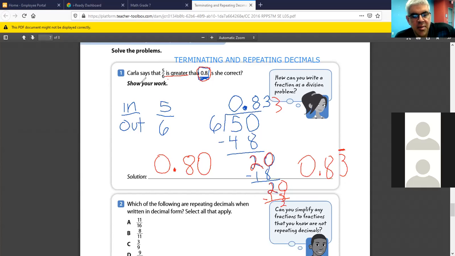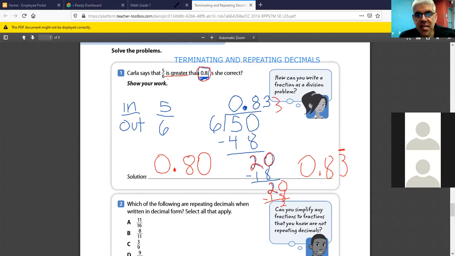It ends right there. That's a terminating decimal. The other one is 0.8333, and the 3 never ends. So that's what they call repeating, because the number 3 repeats. That's as easy as that. The 3 repeats and doesn't end. The 8 ends and doesn't repeat on the left side.